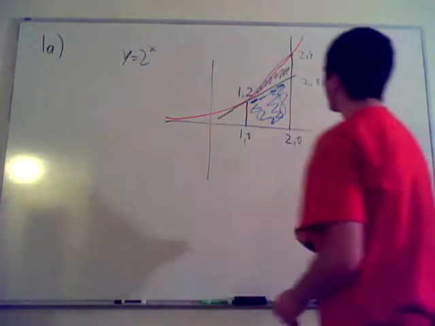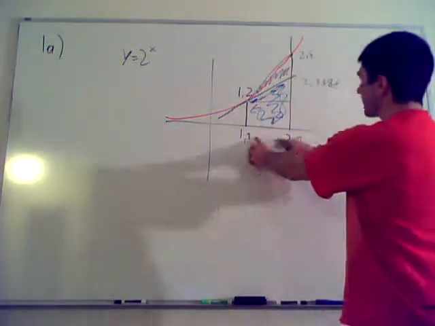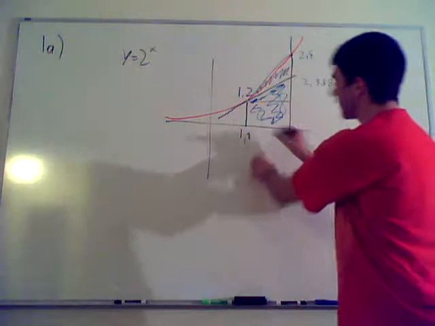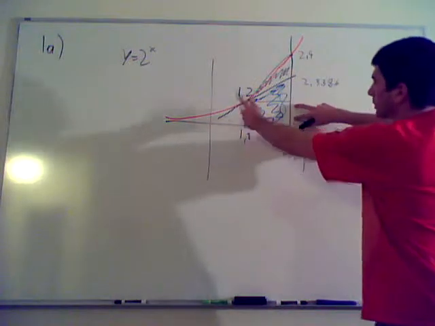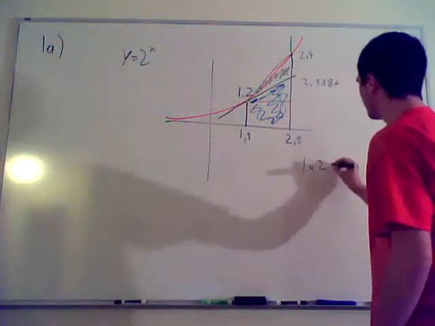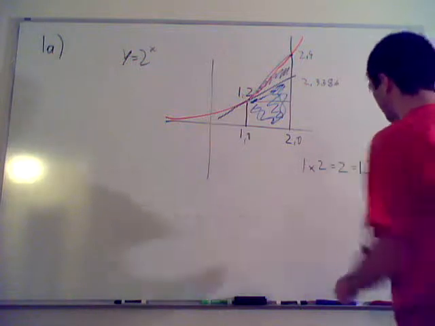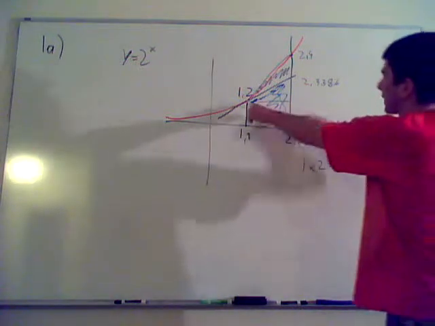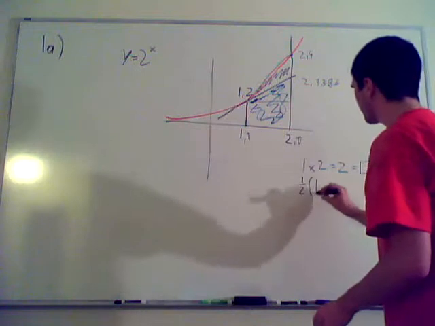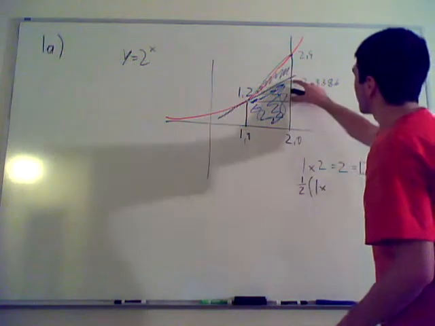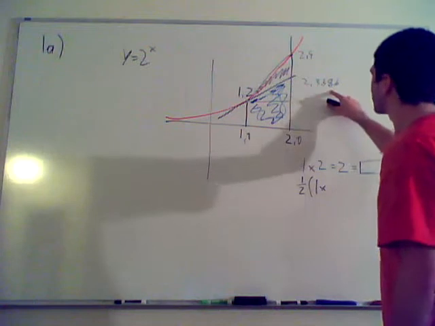Alright, so I'm just going to do the method rectangle and triangle. So the rectangle is 1, because this is the length, right, times the width. This is 2 units high, so it's 1 times 2, which is equal to 2, and that is equal to the rectangle. Alright, so now I'm going to find the triangle. Again, the length is 1, but it's 1/2, remember the triangle, times 1 times the height. The height goes from 2 up to 3.386.